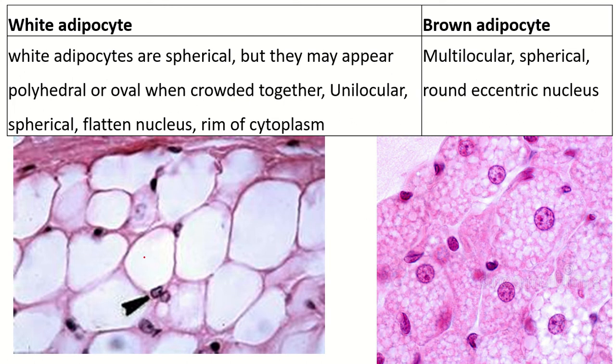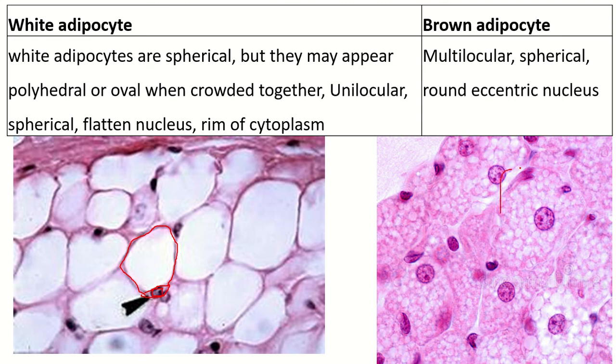You see this whitish area is due to the presence of a single fat droplet which is washed out during the histological slide preparation, and this thin pinkish area is the cytoplasm, and this is the nucleus of the white adipocyte, and it looks like a ring shape.